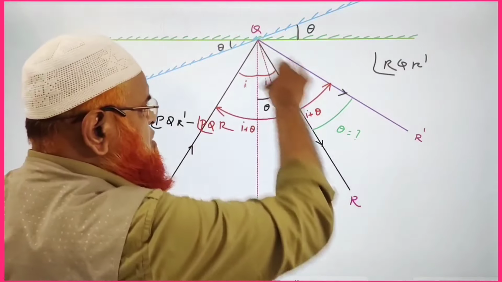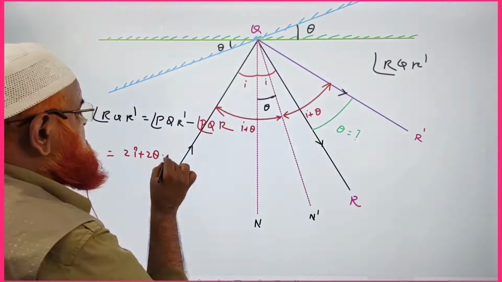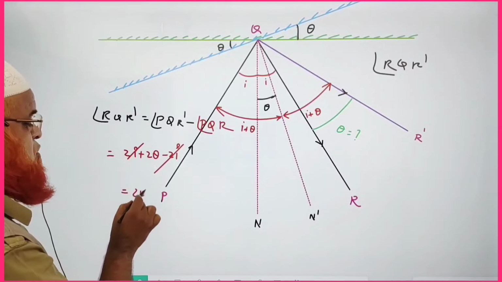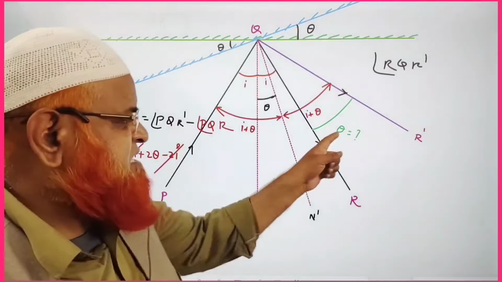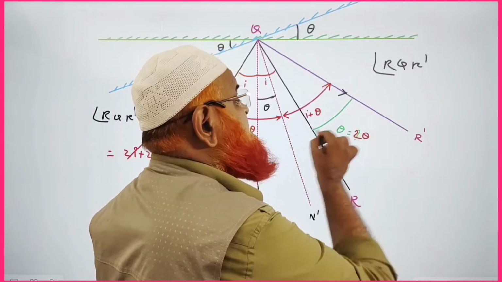And you have to subtract PQR, which is I plus I, that is minus 2I. So 2I gets cancelled. What is left? 2 theta is left. That means this unknown angle is 2 theta.